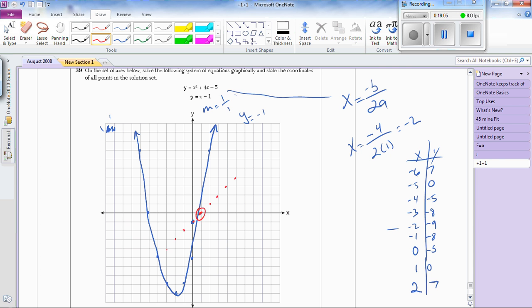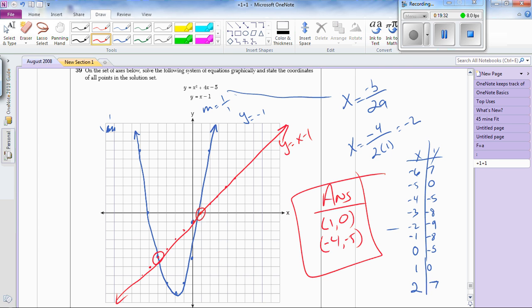Down 1 over 1, other answer. So my two answers are 1, 0 and negative 4, negative 5. That's it, kids.